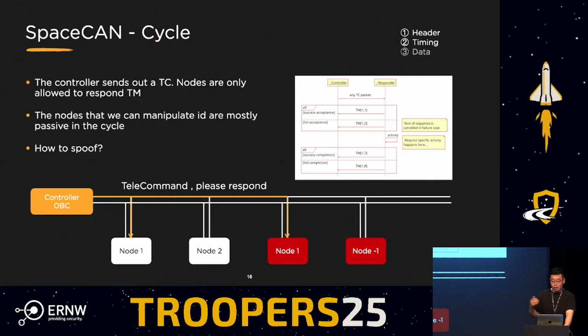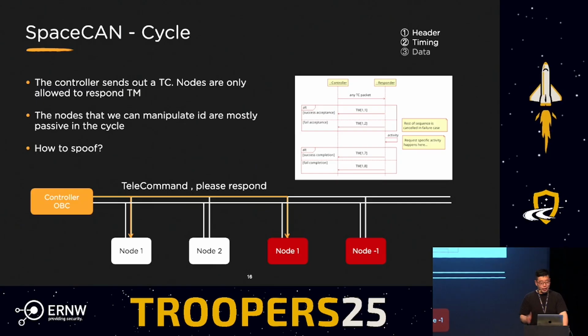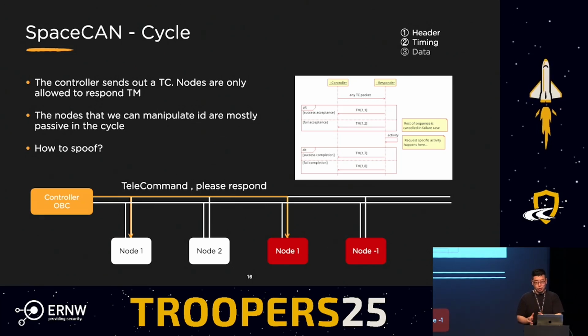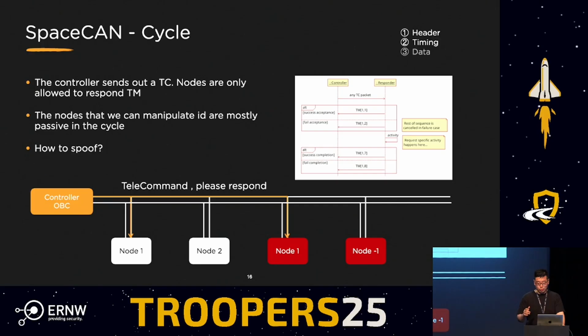In the command execution cycle of SpaceCan, the controller sends the tail command to the nodes, and the nodes can only respond with telemetry back to the controller. So the node that we want to spoof is basically the most passive role in the whole system.